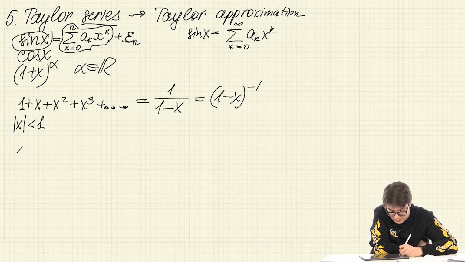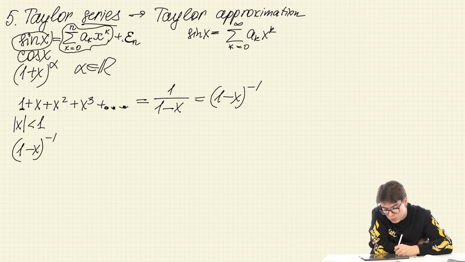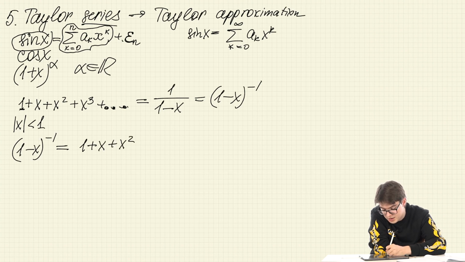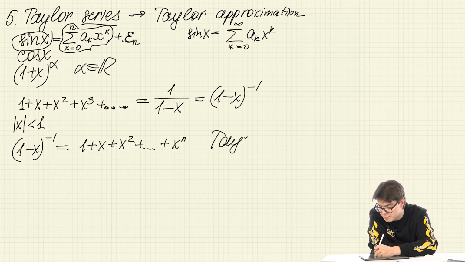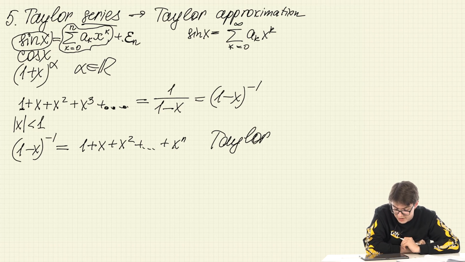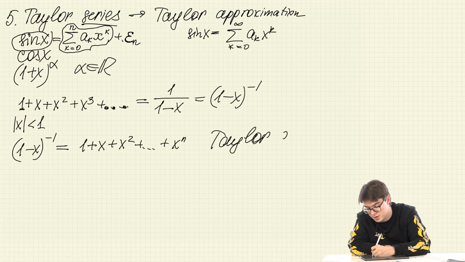So let us look at it from the other side. If you want to calculate 1 minus x in the power of minus 1, not with 100% precision, but with some good precision, you can write 1 plus x plus x squared and so on, until you want to stop. So this is a Taylor approximation of such a function, 1 minus x in the power of minus 1.